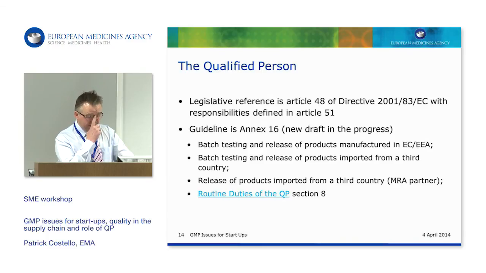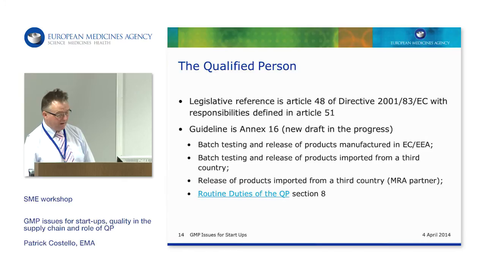It outlines batch testing and release of products manufactured in the European Union or the EEA, batch testing and release of products imported from third countries, and release of products imported from a third country which is an MRA partner. The routine duties of the QP are specified in Section 8 of this document.